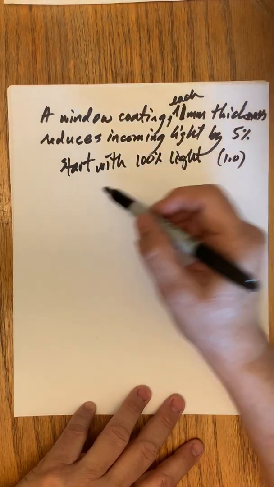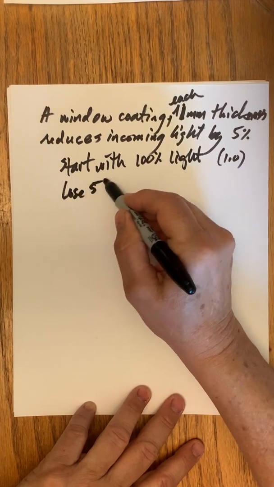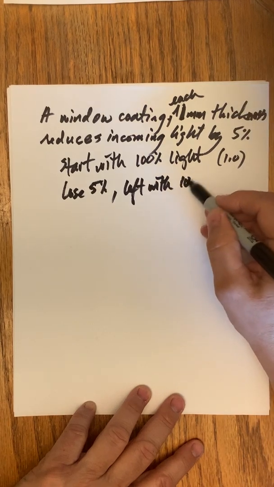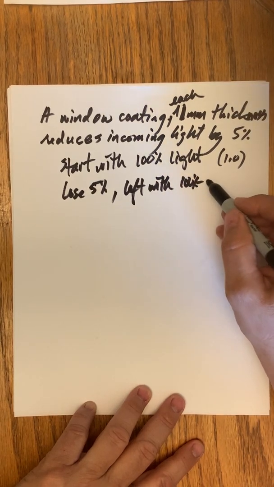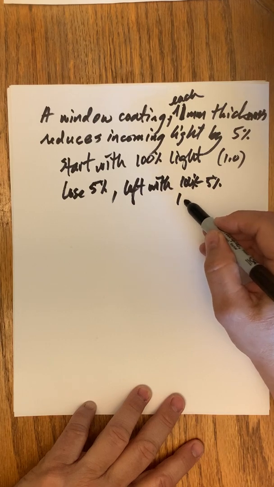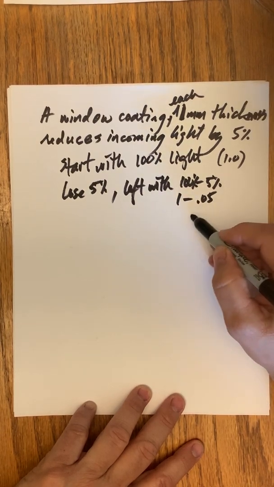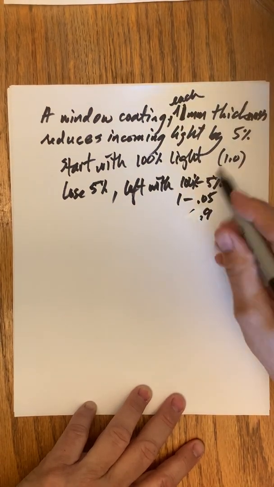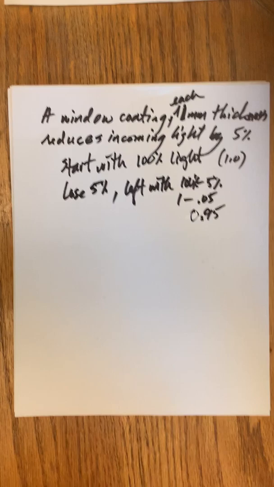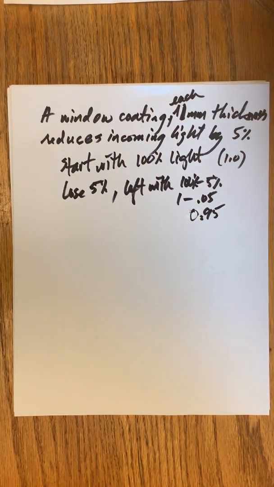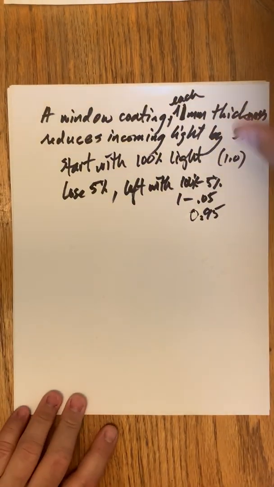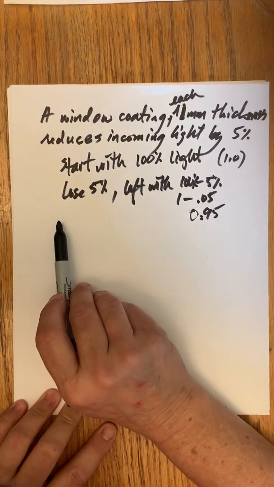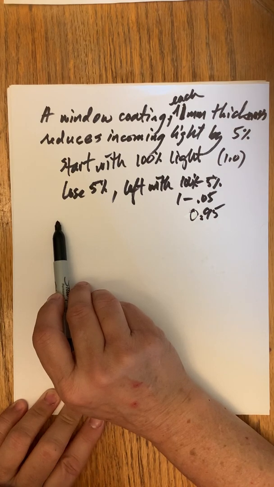So what you're left with is 100% minus 5%, which in decimal form is 1 minus 0.05, or 0.95. So you have 95% of whatever you had before every time you add another millimeter of thickness onto that window. So you lose 5%, you have 95% of whatever you had before of light coming in.